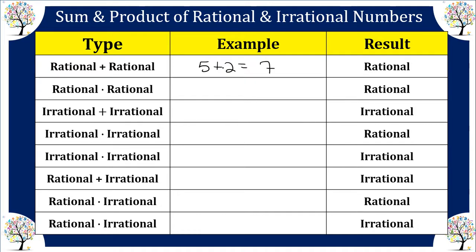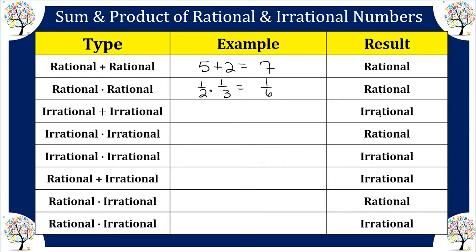So we have a rational plus a rational produces a rational number. Now let's multiply two rationals and you will get a rational number. So we could say 1/2 times 1/3 and we get 1/6. Again, a true statement.